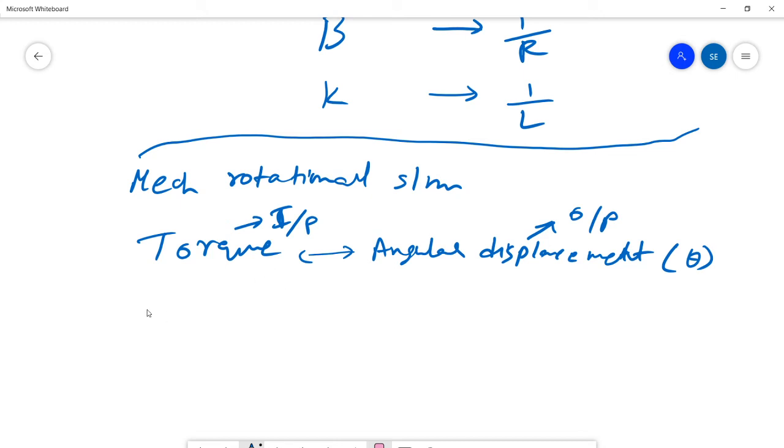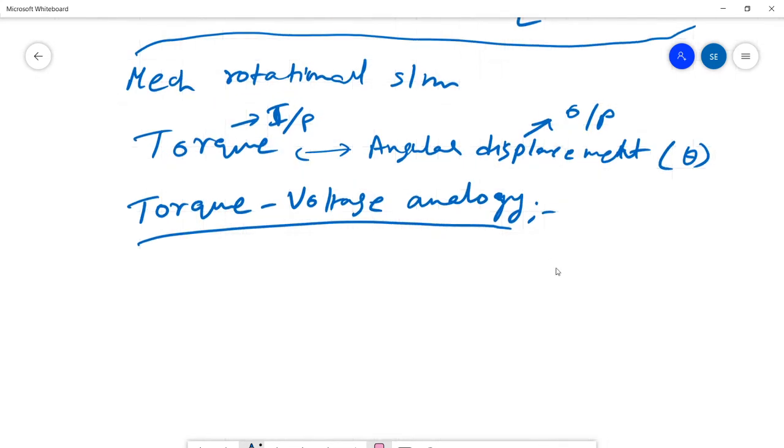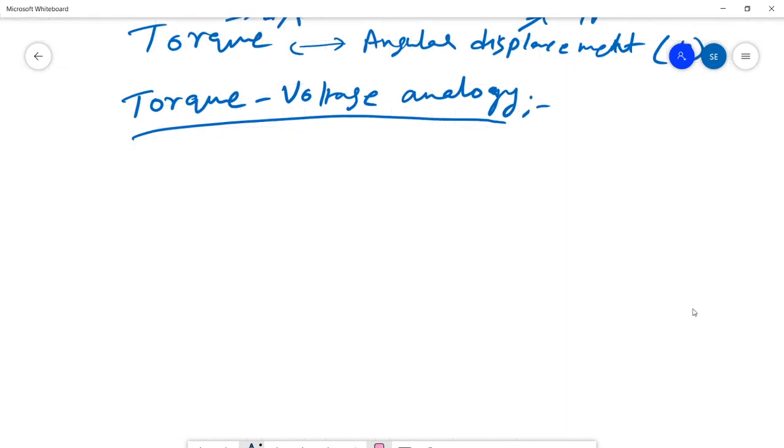Now the next type is torque to voltage. Torque to voltage is similar to the force to voltage analogy we did. So let us consider equations, and side by side I will write it. What is the torque equation?